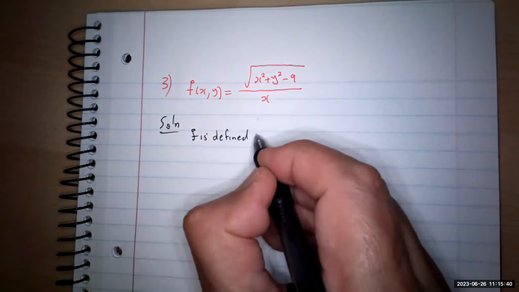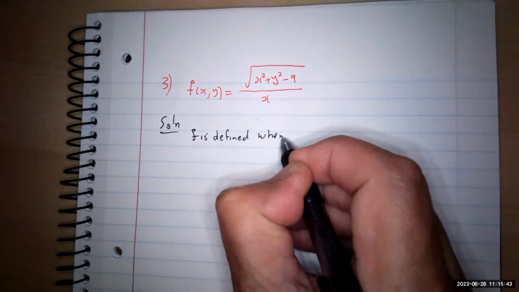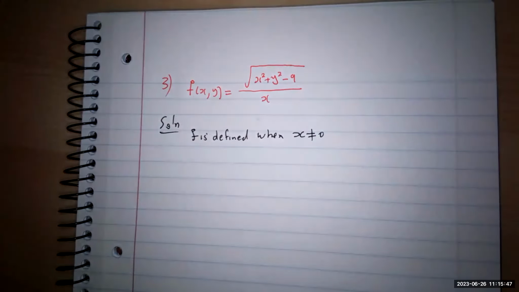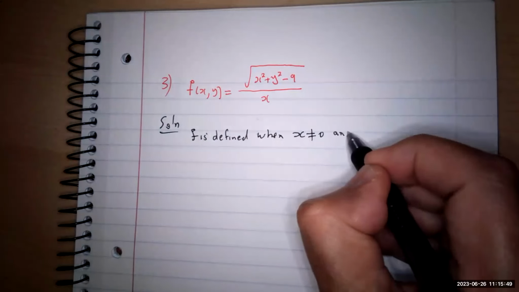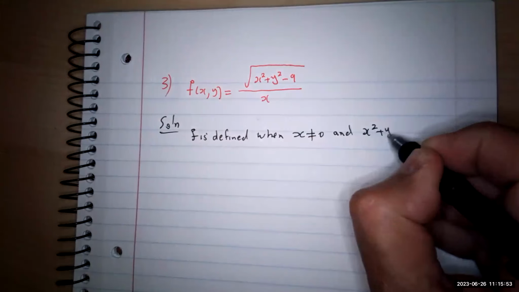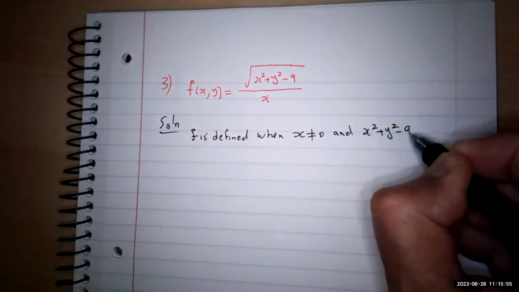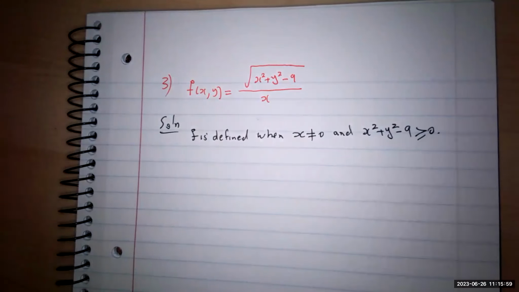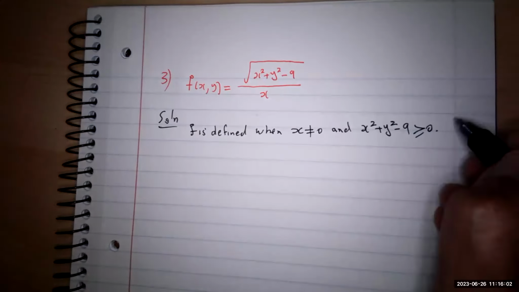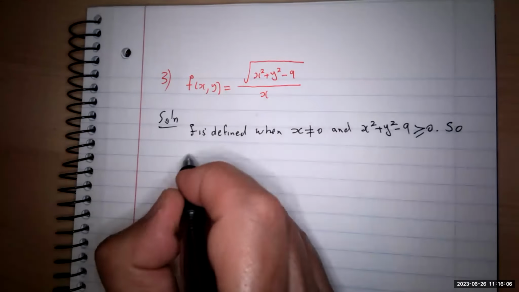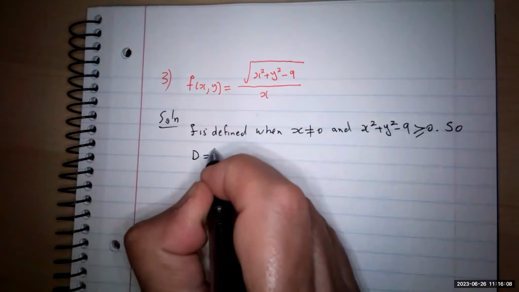It's defined when one condition is that x cannot be equal to 0. And the other condition is the top. You have to make sure that x squared plus y squared minus 9 is never negative. So this must be greater than or equal to 0. Okay, so write it down in a set form. So in a set form, your domain is going to be a collection of points in R2.